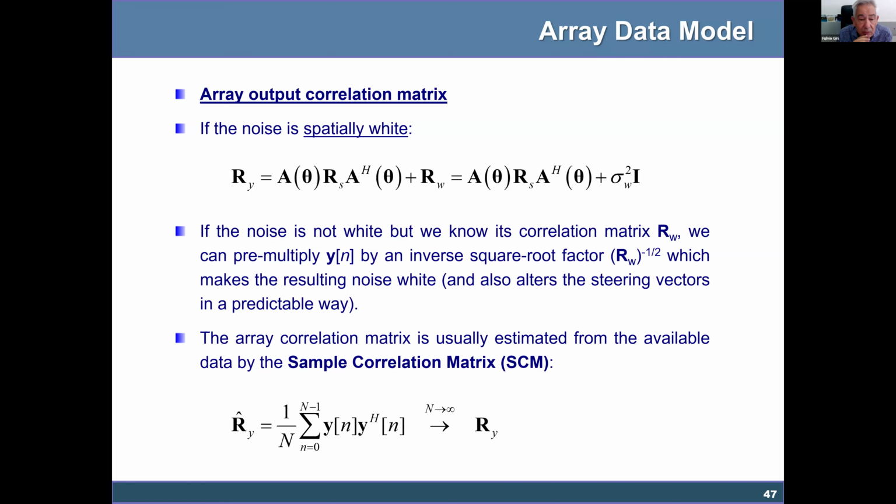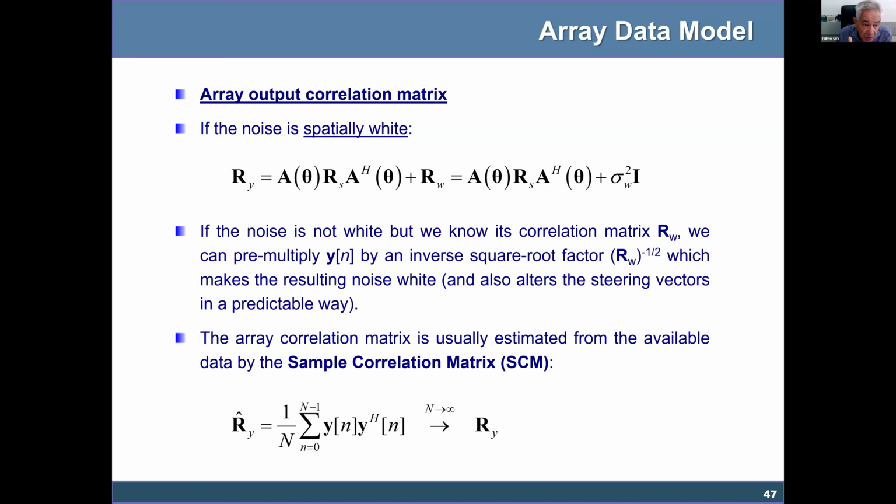Now, if we don't want to use the PDF of the data, maybe because they are non-Gaussian and we don't know the PDF, we should rely on the structure of the correlation matrix to design our algorithms.